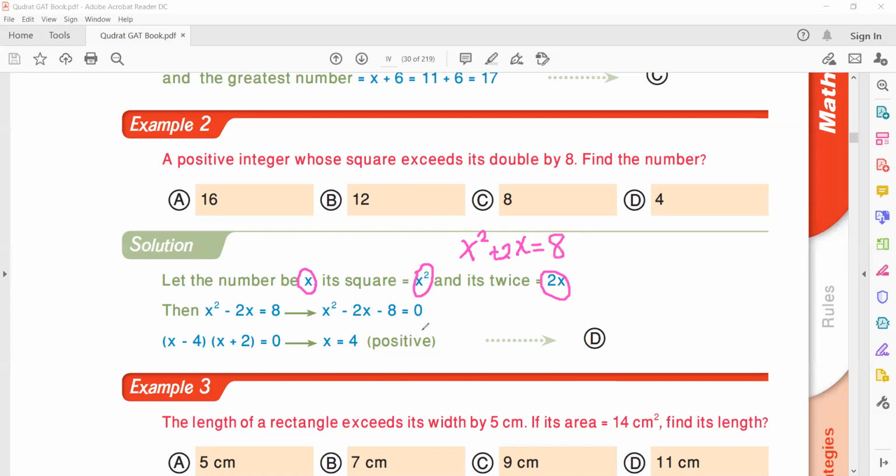Oh, sorry, exceeds means minus, sorry. Here you write minus. Then I solve this problem.